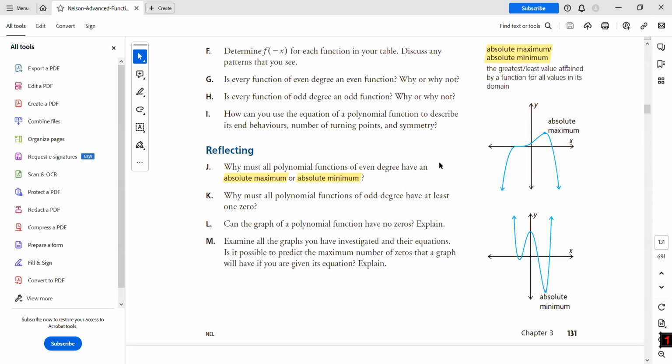Yes, even degree always has at least one absolute minimum or absolute maximum, because end behavior, remember, end behavior is on the same side. It means that the function reached its minimum or maximum value and then bounced off it and went the other way around. Okay?